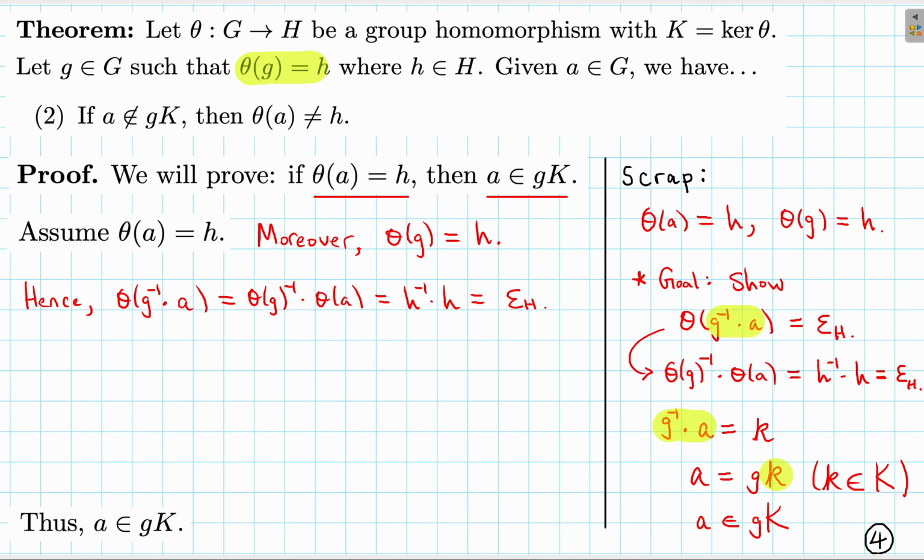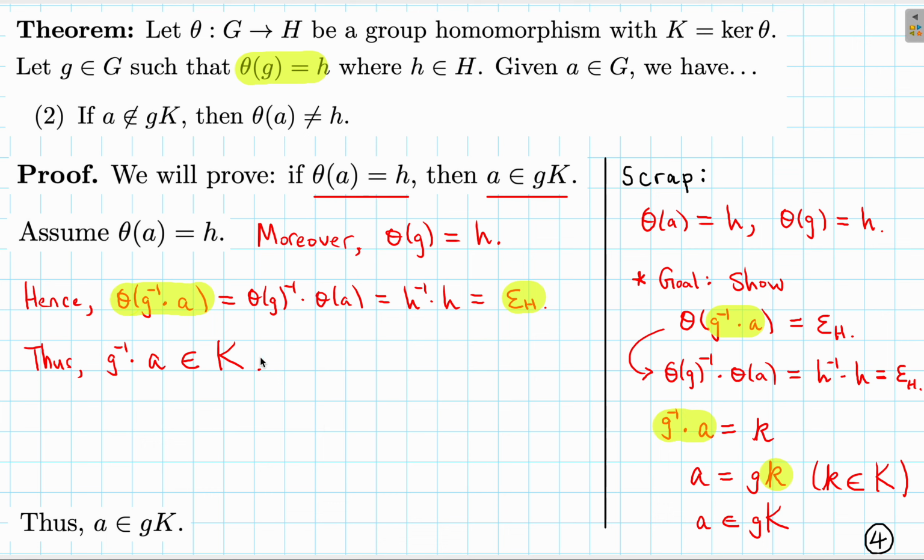And thus, we just showed that theta of g inverse times A is equal to the identity of the codomain, and thus we can conclude that g inverse times A is an element of the kernel, namely k.